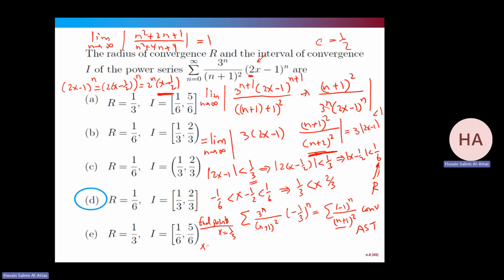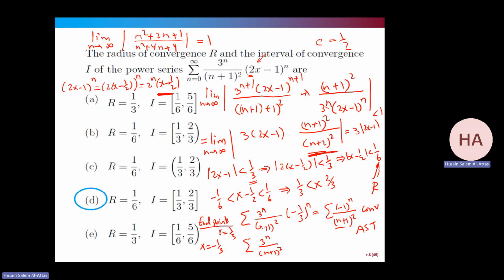Okay, now go x equal minus 1 over 3. That gives me what? The summation of 3 to the power n over (n plus 1) squared. Wait a minute. When I put my 1 over 3, I have 2 over 3 minus 1. Yeah, it's minus 1 over 3, correct.